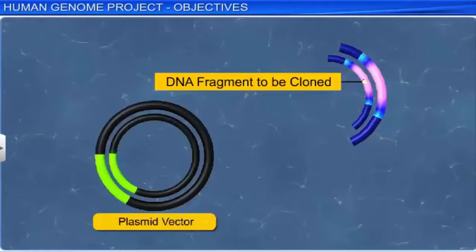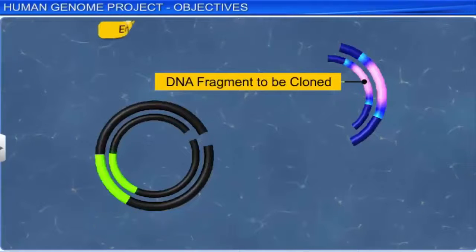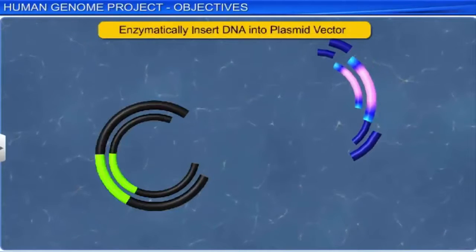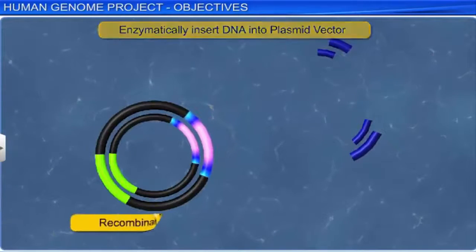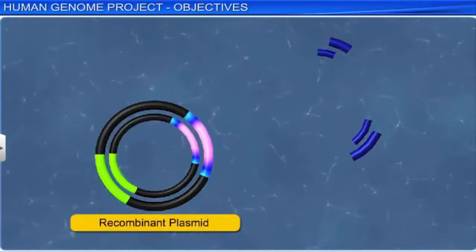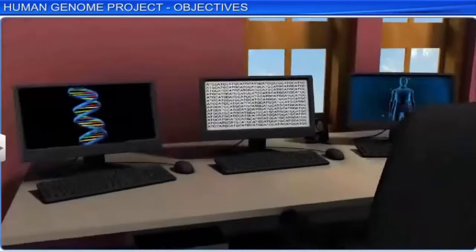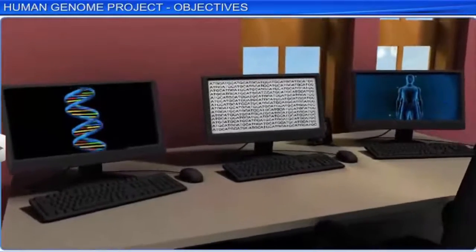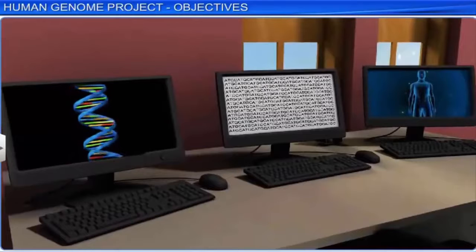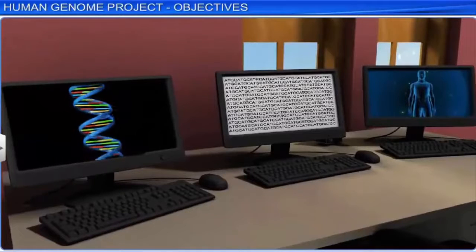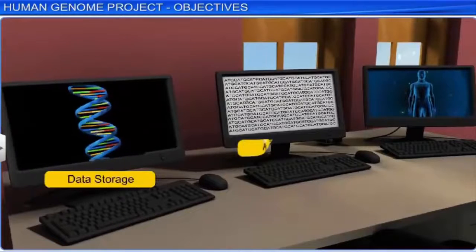With the advent of advanced genetic engineering methods, it was now possible to isolate and clone a piece of DNA to determine its sequence. So even though the HGP was a mammoth project, it was a viable one. Since the HGP aimed to store the entire genome information in databases, it required high-speed computational devices for data storage and retrieval.